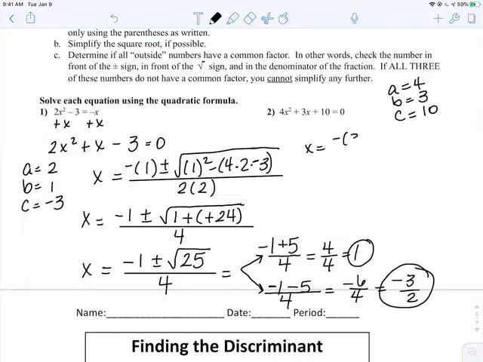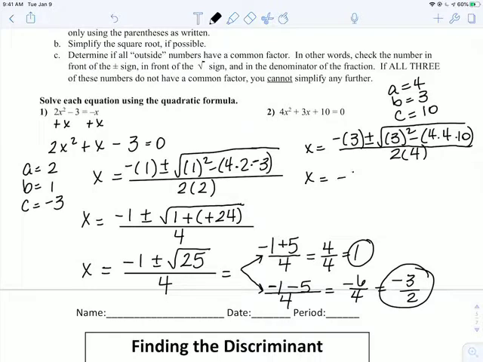So I'm going to have a negative b plus or minus the square root of b squared minus 4 times a times c, all over 2 times a. So negative 3 plus or minus the square root of 3 squared, which is 9, minus 4 times 4 is 16 times 10 is 160.